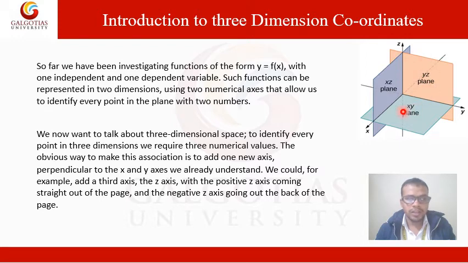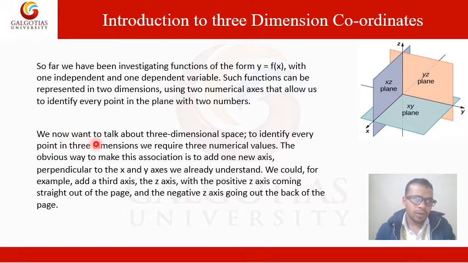Similarly, the plane comprising the x-axis and z-axis gives you the xz plane. And in a similar way, the plane comprising the x-axis and y-axis is known as the xy plane.